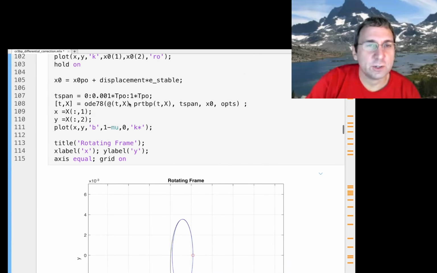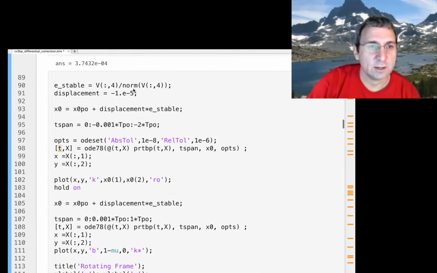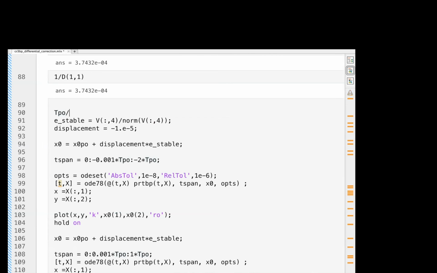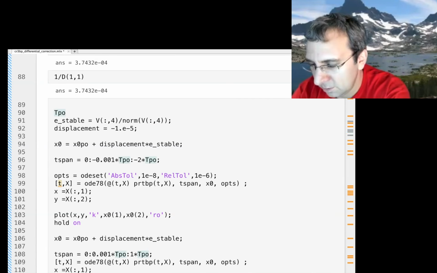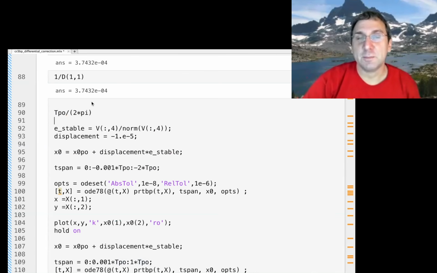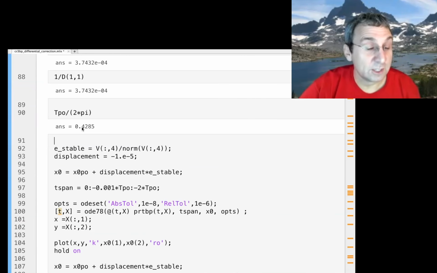Oh, I just chose the time of twice the periodic orbit just so we could visualize it. So if I write here T_PO, and then divide by 2 times pi. So remember, in these non-dimensional units, the period of the moon around the barycenter is 2 pi. So if I show this, yeah, this is actually smaller than 2 weeks.